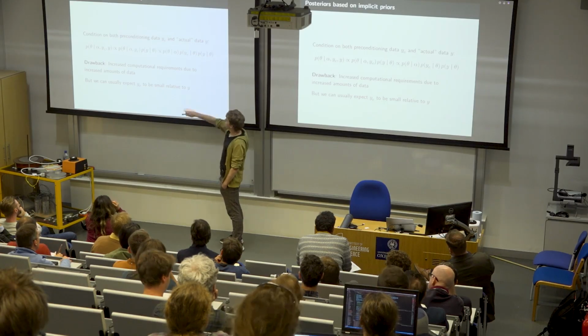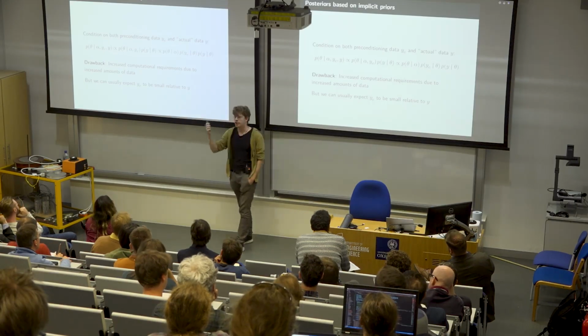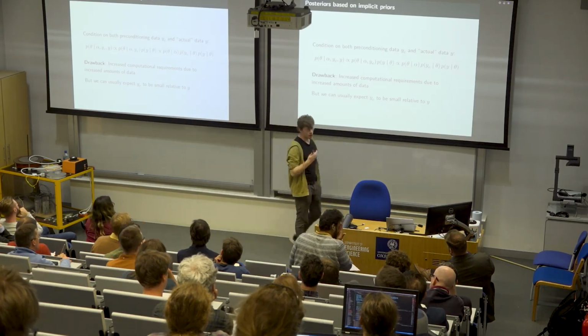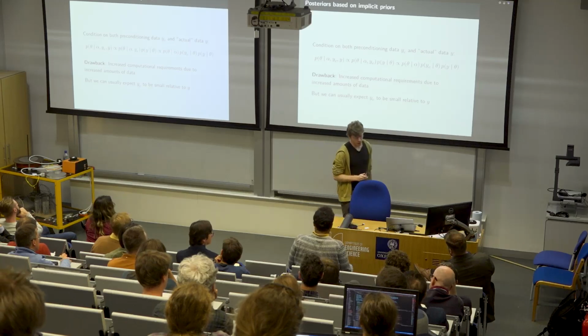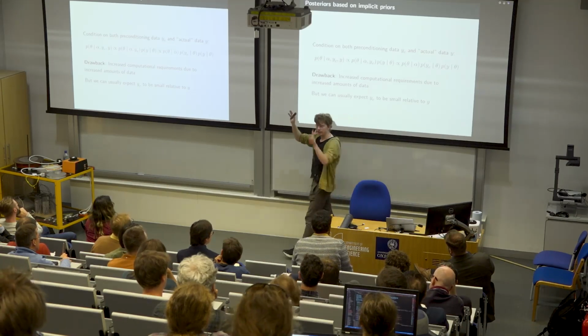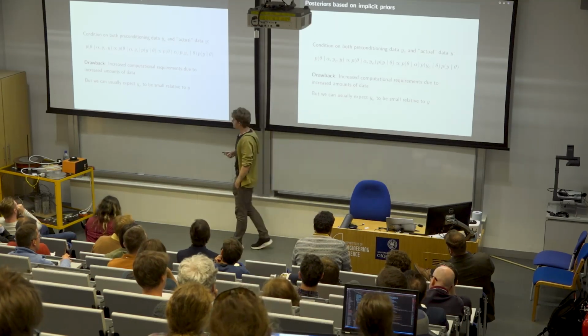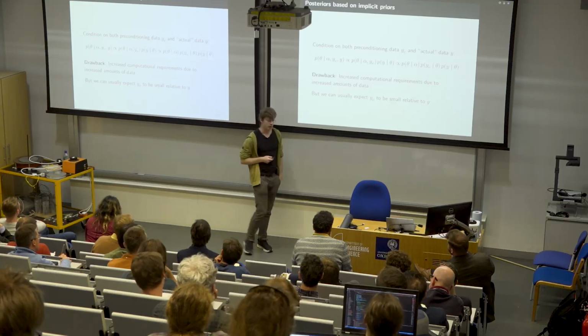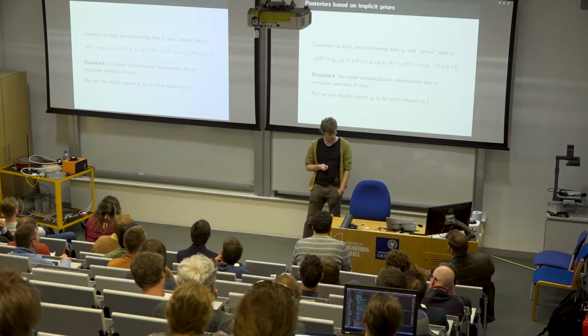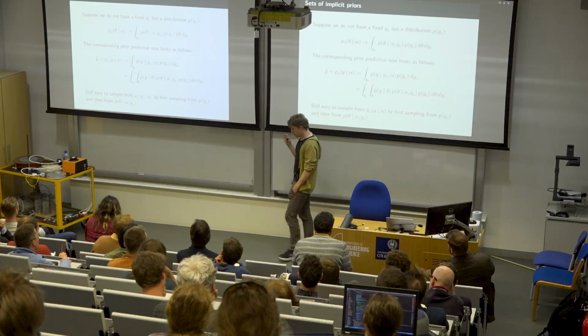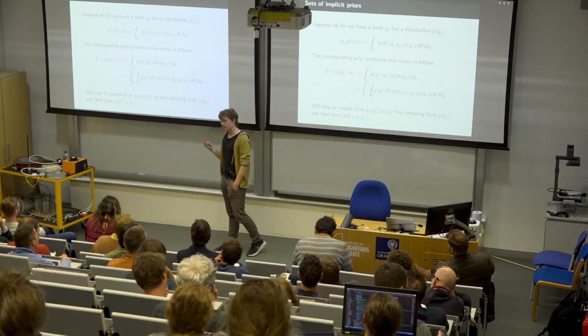And since usually our preconditioning data is small relative to the data we want to analyze, it shouldn't add too much computational overhead. But we still can get the exact posterior in the way we want, or asymptotically unbiased via MCMC.